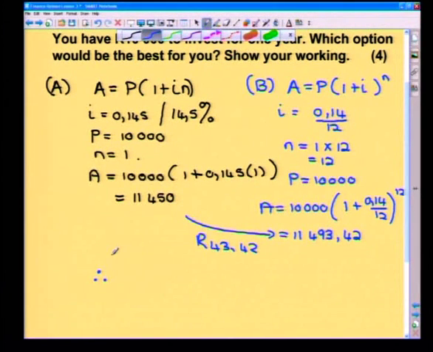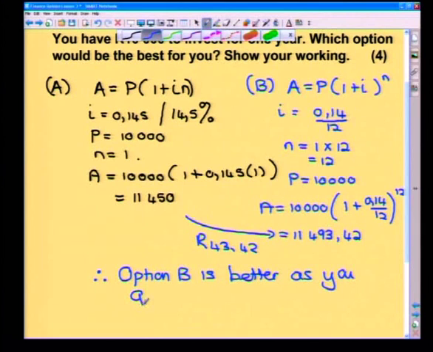Because remember, they actually asked you which option's best. So you would say option B is better, as you gain an extra 43 Rand 42 cents.